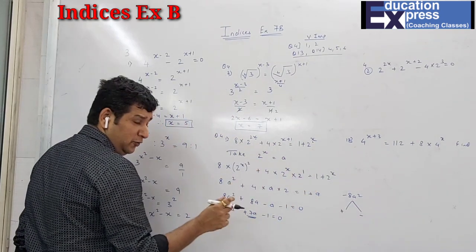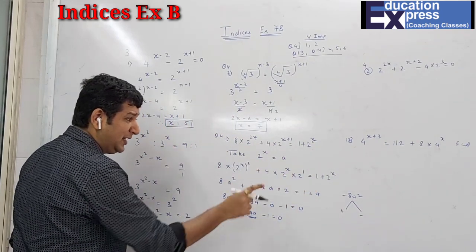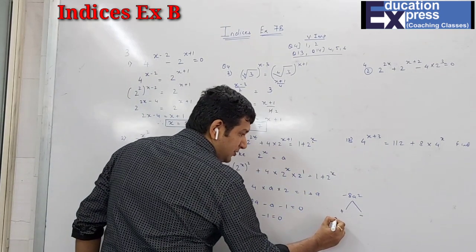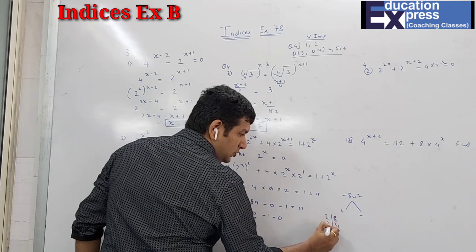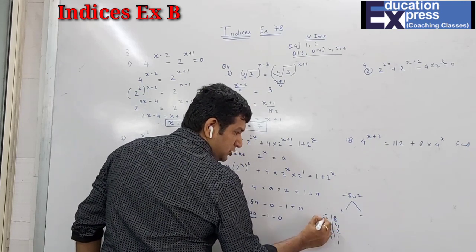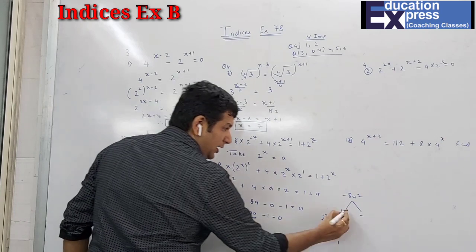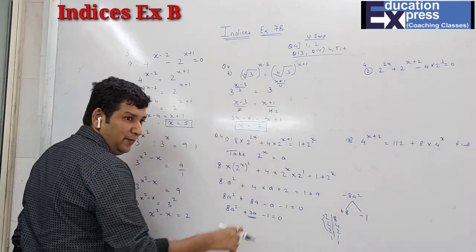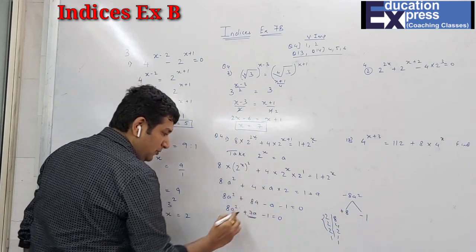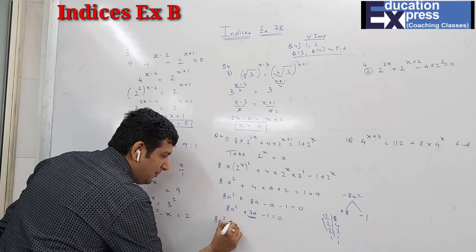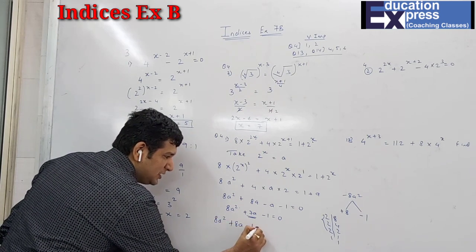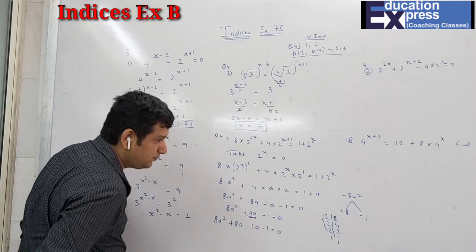Now you have to find two numbers which will subtract and get 7. So factors of 8: 2 4s are, 2 2s are, 2 1s are and 1 1s are. So you can see 8 and 1. Bigger number will get the middle term sign. So now 8a square plus 8a minus 1a minus 1 equal to 0.